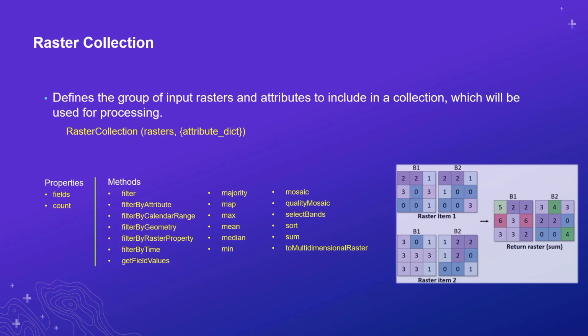The interesting thing about these methods is they not only let you filter the data, but also let you do some analytical operations like maximum, median, or mean. It can also let you do mosaicing. One of the interesting things is something called map. Through map, you can apply any other analytical function to it. So raster collection is a very powerful way to manage your data and do some analysis.